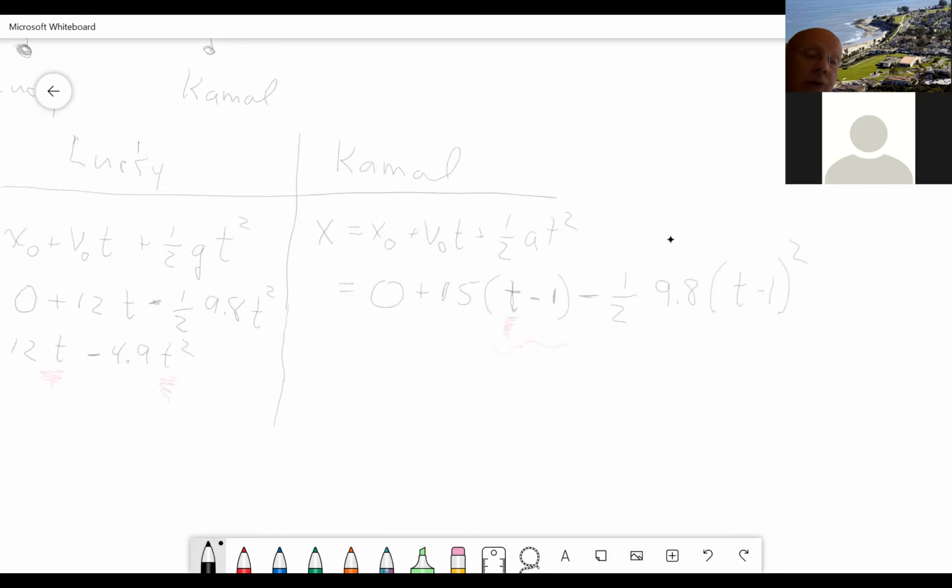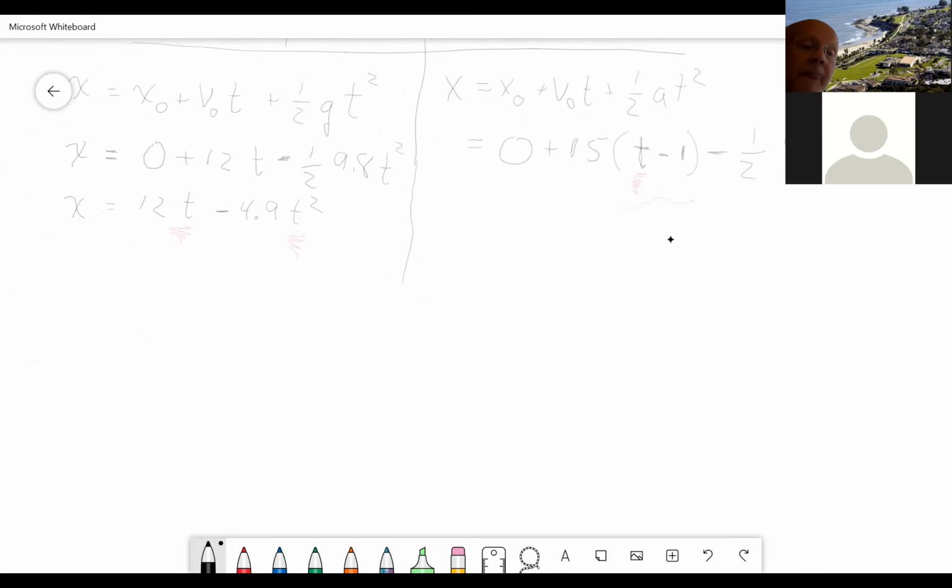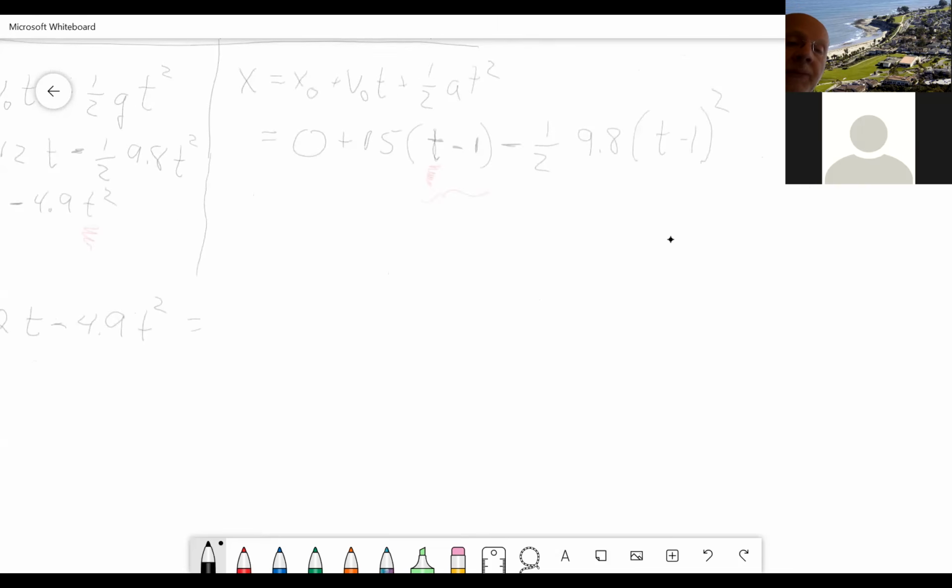And we are trying to find when they are at the same position. So I guess I would start by trying to get the time when they're at the same position. If I take the 12t minus 4.9t squared, that would be the equation for the position of Lucky's object.